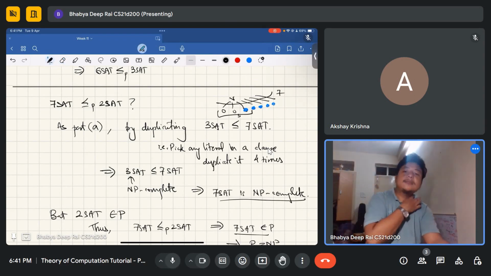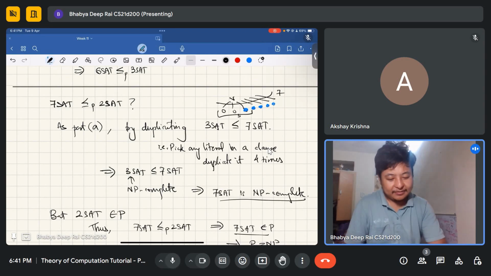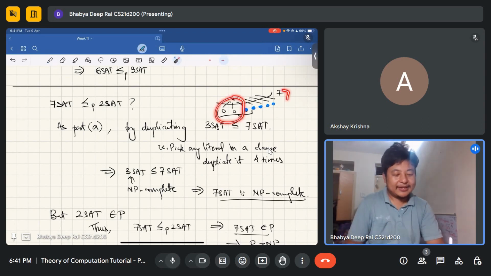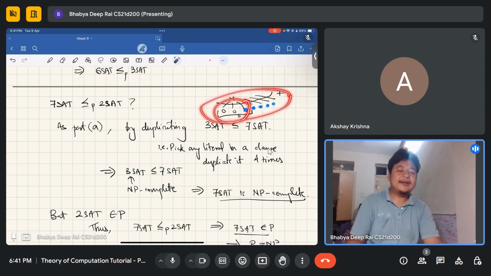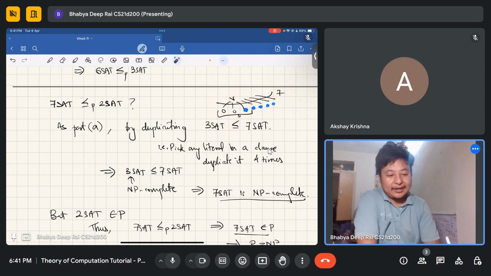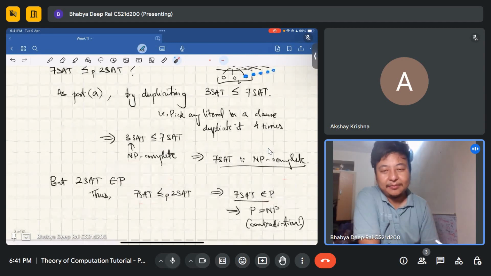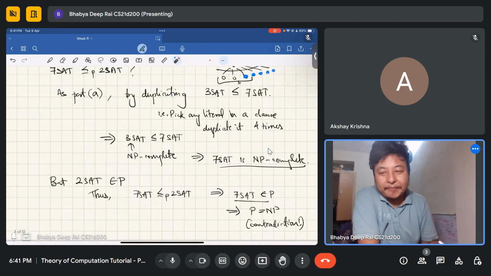By the same argument as before, if the 3-CNF is satisfiable, then the entire thing is satisfiable, and if this part is unsatisfiable, then the entire clause is unsatisfiable. So 3-SAT reduces to 7-SAT, and 3-SAT is NP-complete. Then 7-SAT becomes NP-complete by transitivity.